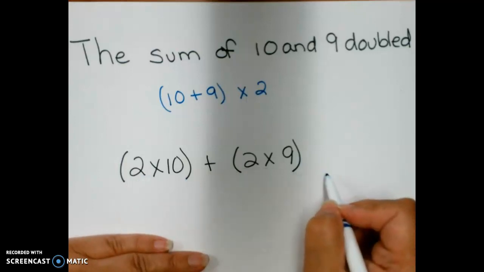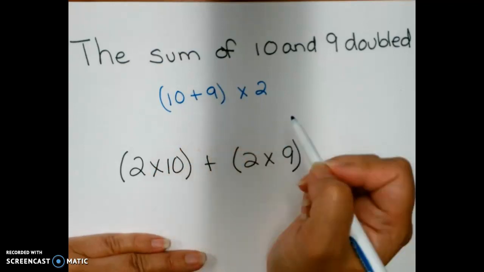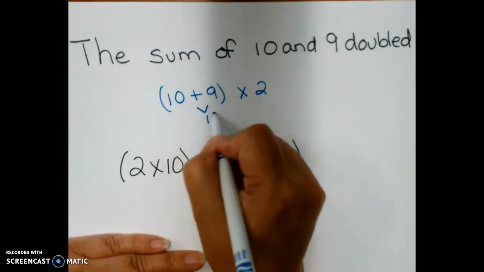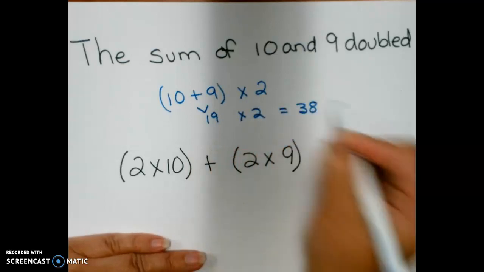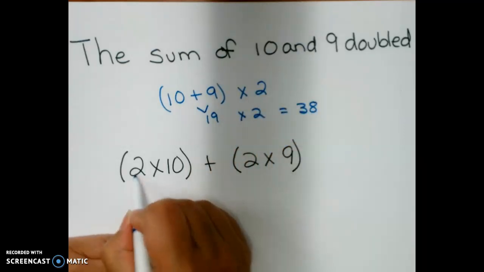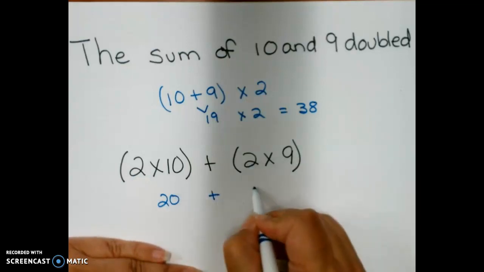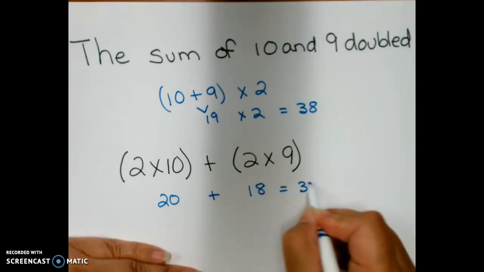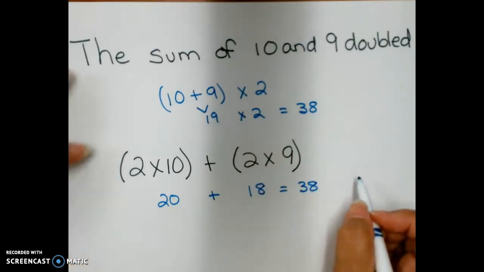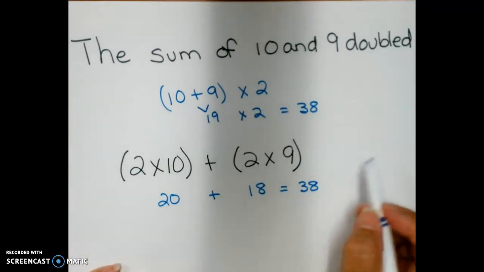I'm actually going to compare these two and see what I get. 10 plus 9 is 19 times 2 equals 38. If I multiply 2 times 10, I get 20, plus 2 times 9 is 18, which equals 38. So these two expressions are equal.